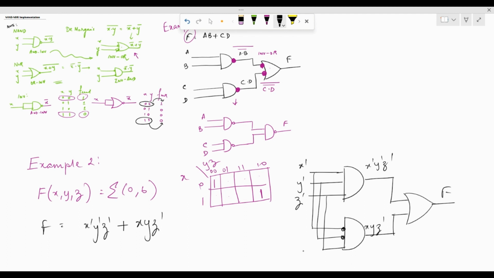Now, since I have the AND, I can obtain the NAND by introducing a bubble at its output. But if I do that, I have to compensate it by introducing the bubble at the other end of this wire. The same thing is applicable over here also. Now, these two bubbles represent inverters or NOT gates.